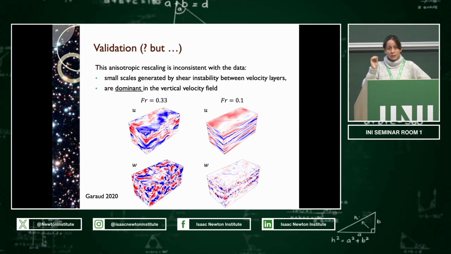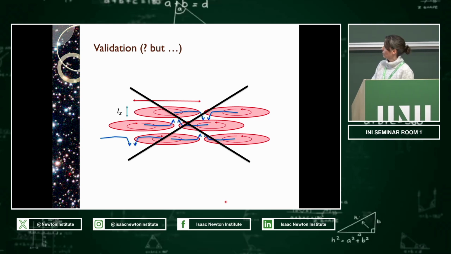But if I look at the vertical velocity field, this is what it looks like. And now you can't even see this large horizontal scale. It's kind of disappeared, and the vertical velocity field is primarily small scale, both in the vertical and in the horizontal. So that appears to contradict this model in which there's a single large horizontal scale. So maybe we need to do away with this.